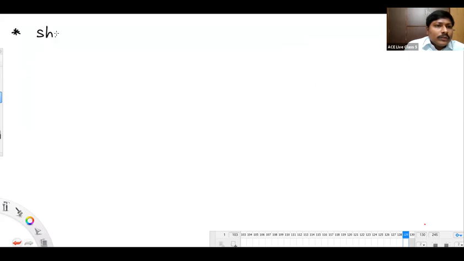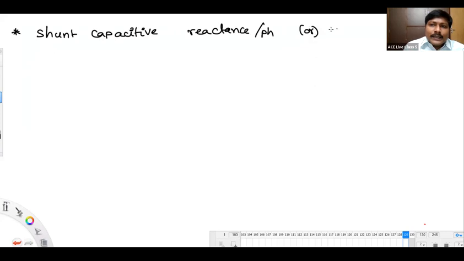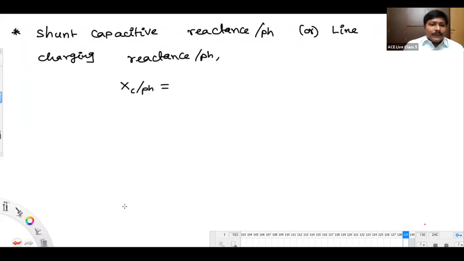So shunt capacitive reactance per phase, or line charging reactance per phase. I'll say it is XC per phase.